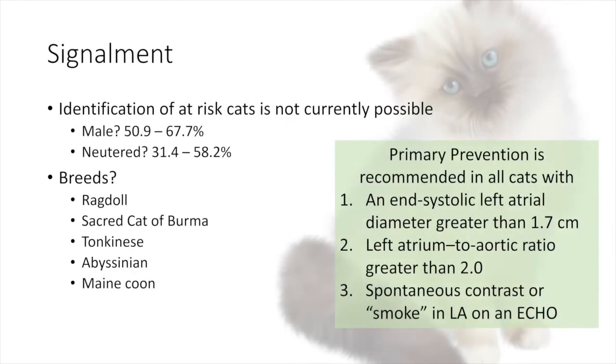And looking inside the cat is critical because what we can't see is a particular gender or reproductive status or breed that is a predictor of having CATE. Instead, an opportunity for an echocardiogram to identify a larger atrium, either in terms of total size or ratio to the left ventricle, or any cat with spontaneous contrast or smoke present in the left atrium.